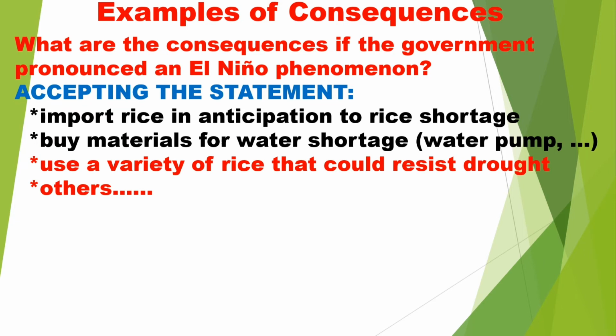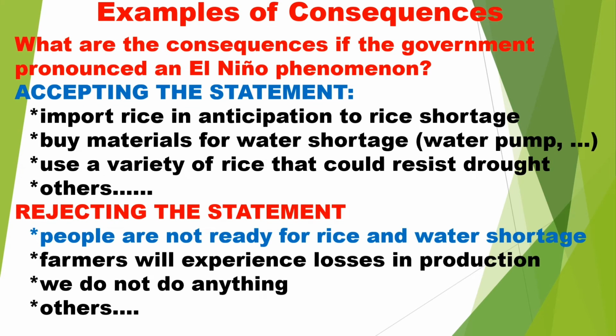Use a variety of rice that could resist drought and others. And the possible consequences to reject the statement are: 1. People are not ready for the rice and water shortage. 2. Farmers will experience losses in production. 3. We do not do anything and others.